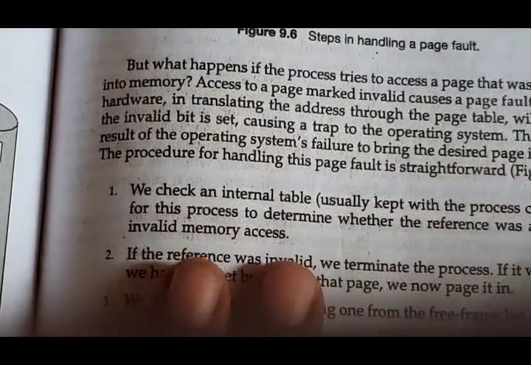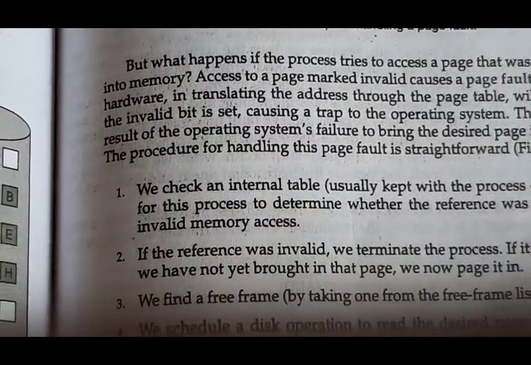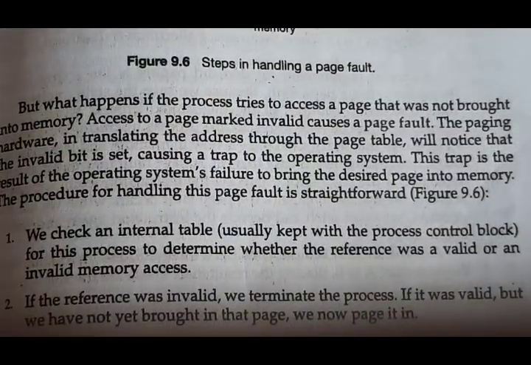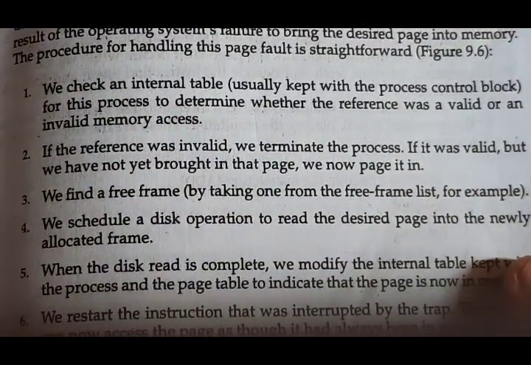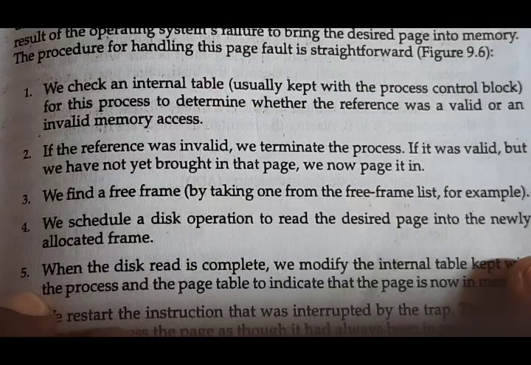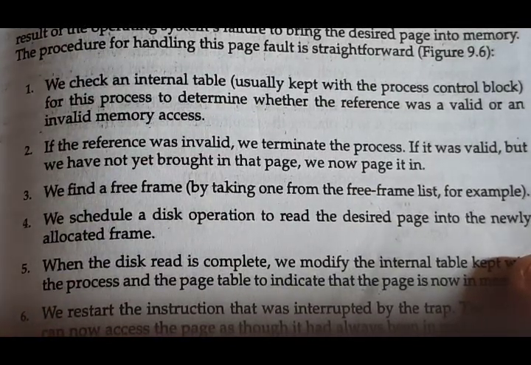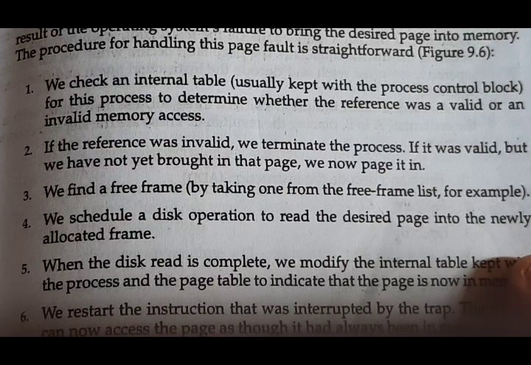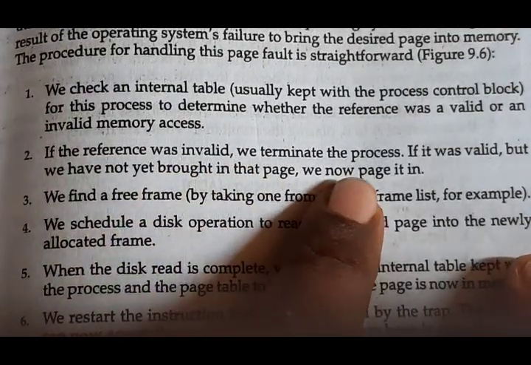So the first step is: we check an internal table, usually kept with the process control block, for this process to determine whether the reference was a valid or an invalid memory access. If the reference was invalid, we terminate the process.